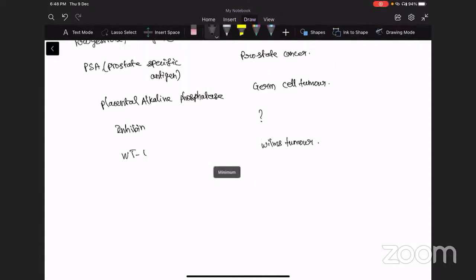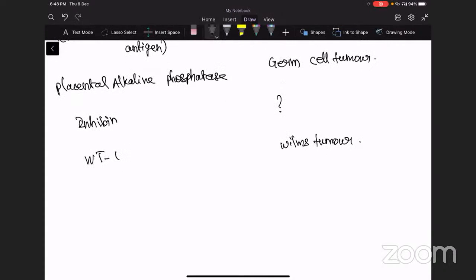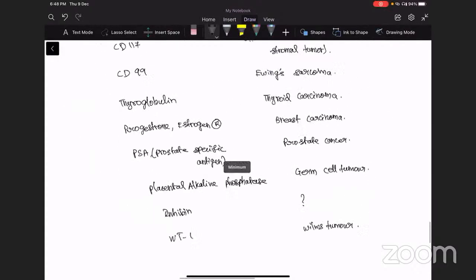So these are IHC markers, immunohistochemistry markers. Very, very important, guys.